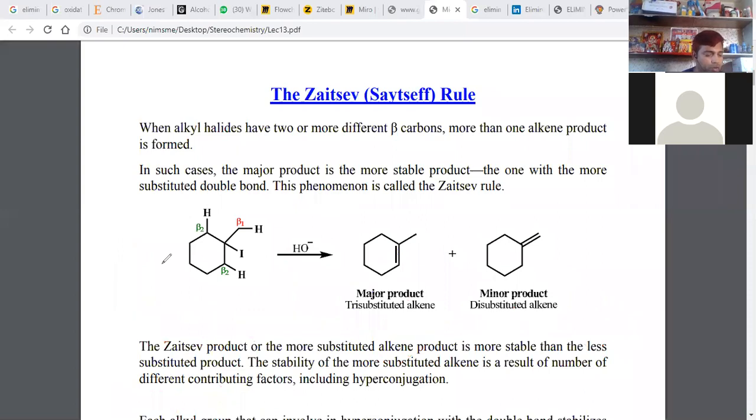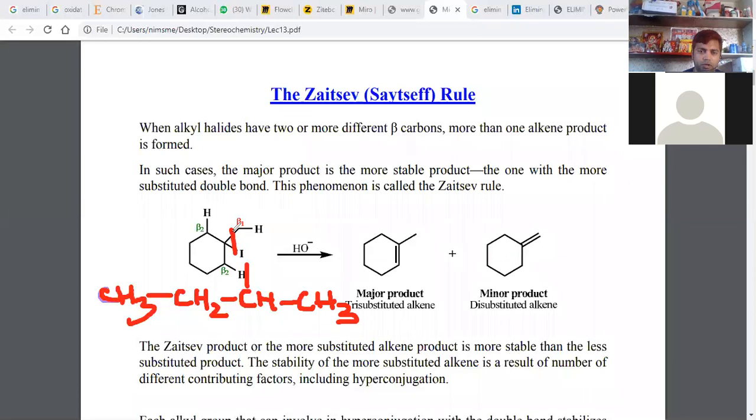We'll take 2-bromobutane. I'll use another color. This is our 2-bromobutane.